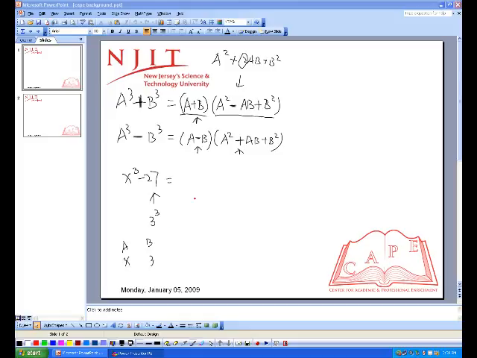Okay, so this will be equal to x minus 3, and I'm just applying the formula here, times a squared, which is x squared, plus a times b, 3x, plus b squared, which is 3 squared, which is 9. Okay, so that's how you use the formula to factor that cube.